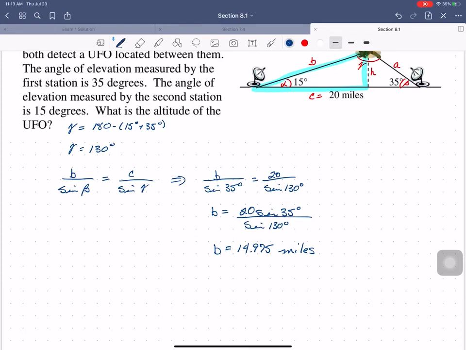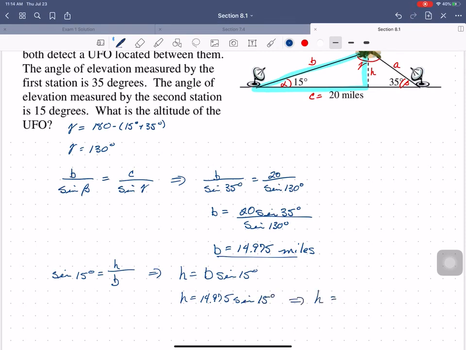So I know that the sine of 15 degrees is equal to the length of the side opposite divided by the hypotenuse, which means that h is b times the sine of 15 degrees. We now know b, so h is 14.975 times the sine of 15 degrees.